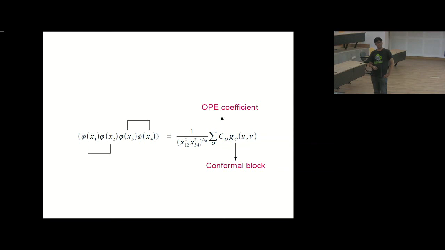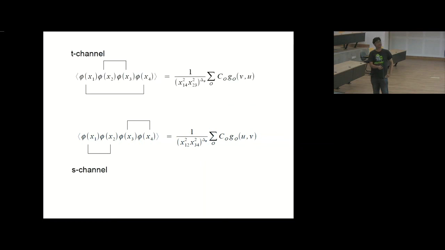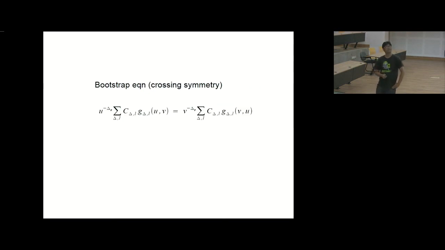So this is the expansion in this particular channel, which is called the S channel. I had expanded these two and these two fields. I also could have expanded the first and fourth and second and third scalars separately, and then I would have got the T channel, which looks like this. And the Bootstrap proposal is basically nothing but that these two different expansions should be equal. And this gives me the Bootstrap equation, or the crossing symmetry equation.